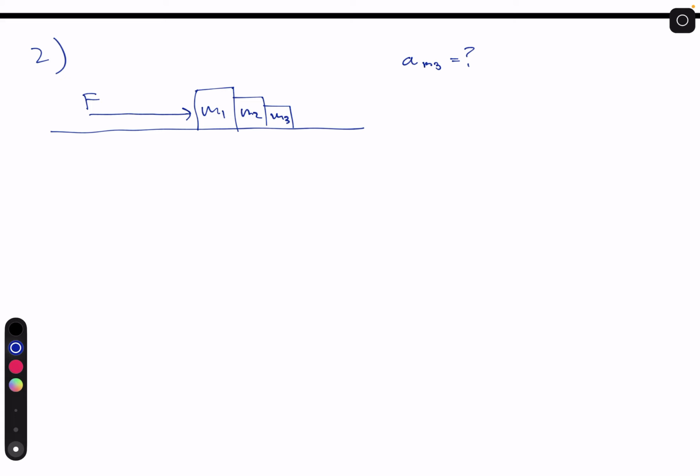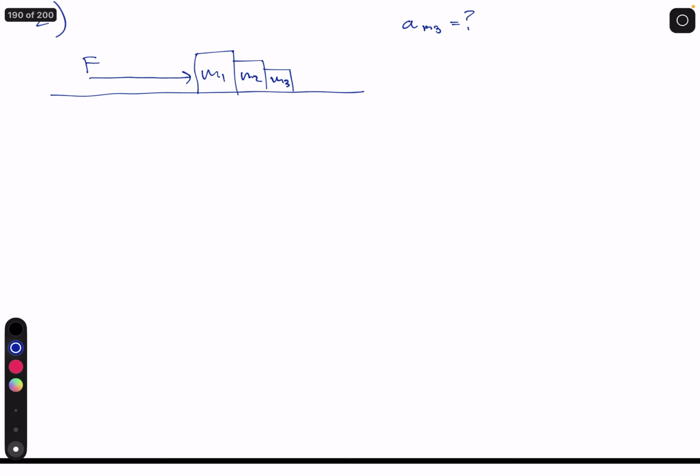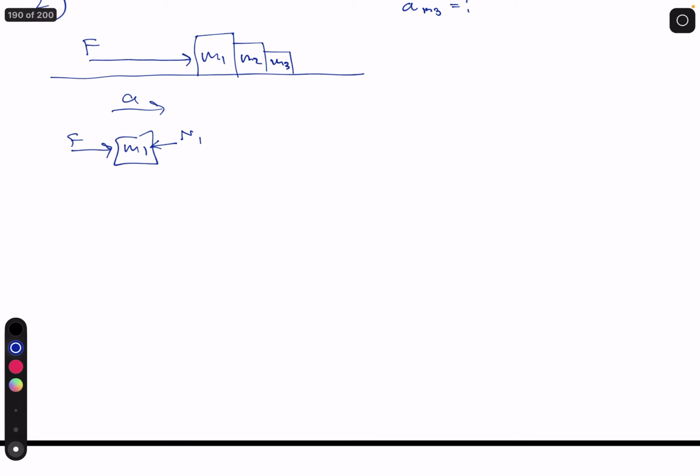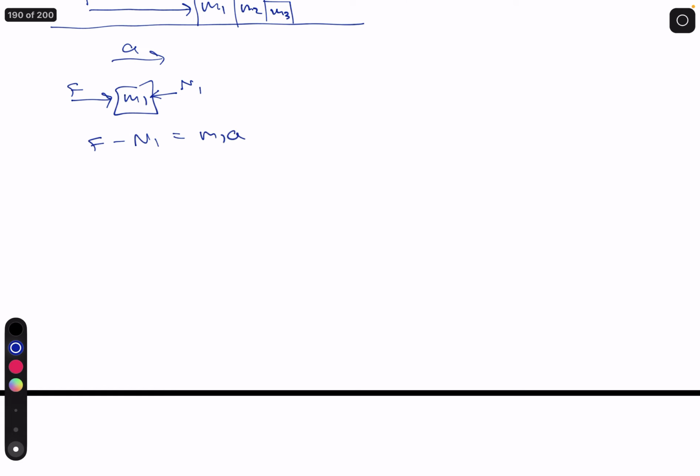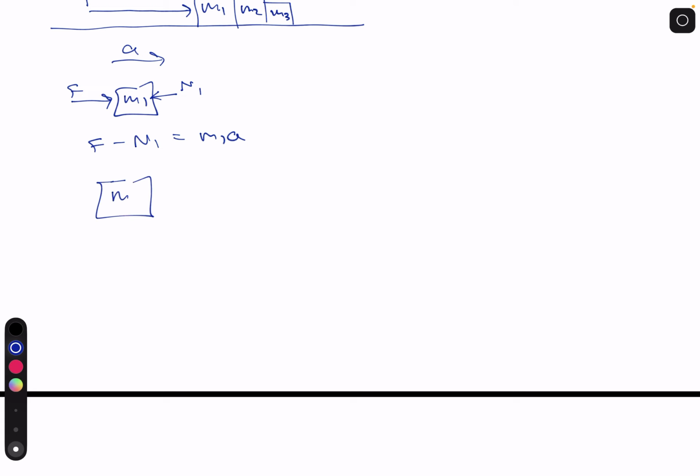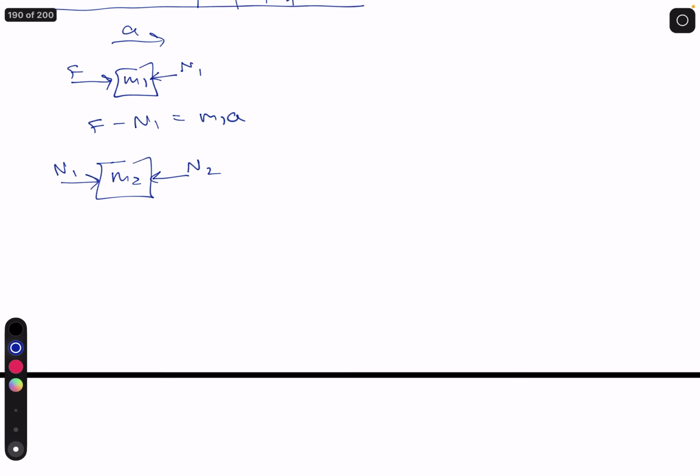So now let's draw the free body diagram for each of these. This is F. I'm going to assume that acceleration is in this direction and the normal reaction N1 is opposing M1. So that means F minus N1 is equal to M1A. And now for the M2 block, N1 in this direction and N2 from the third block, M3, is in this direction, and I'm going to assume that its acceleration is still in this direction.